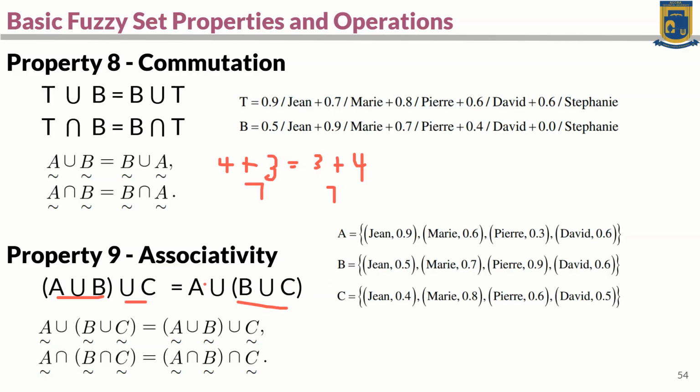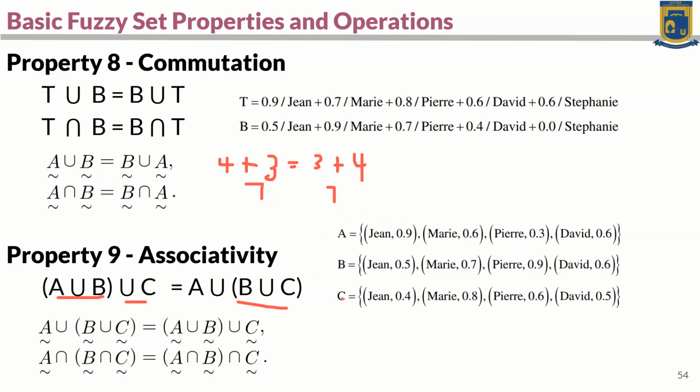The same thing goes also for intersection, as you can see over here. So we can find the intersection for the second and the third. Then after that, we intersect it with the first one, or we find the intersection between the first and the second. Then after that, we intersect with the third one. So it all depends.